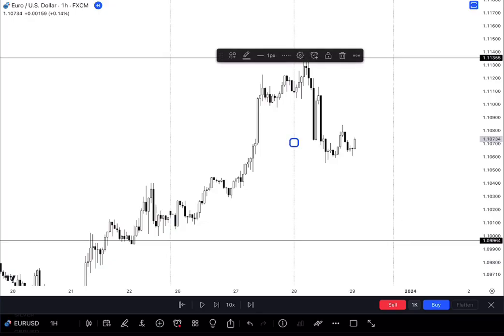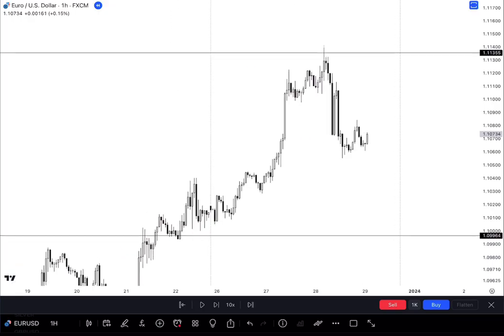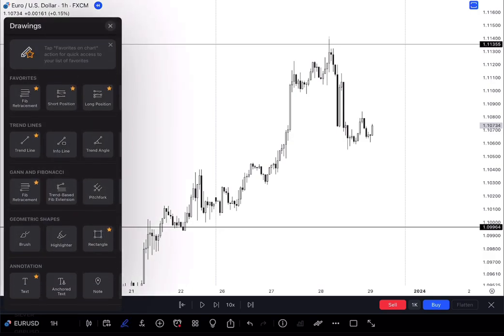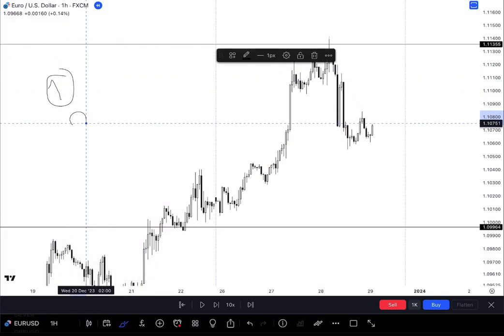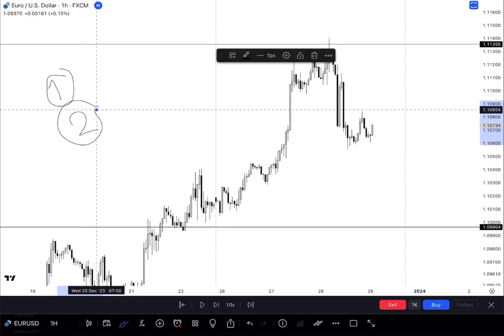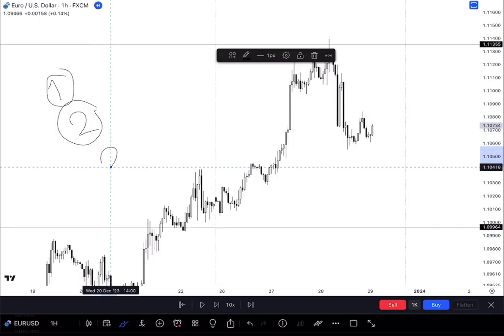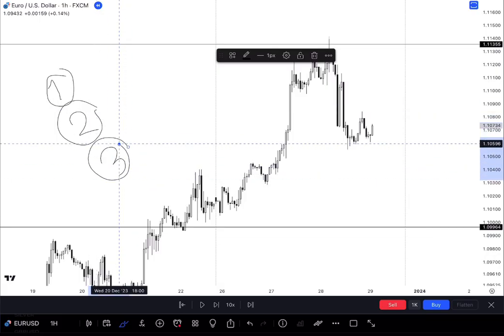So as you can see, when it comes to importance, I place importance first on the key level on the higher time frame, and then the time, which is day of week, time of day, and then finally, after all that is confirmed, I look for the order block, for example, or the market structure shift, whatever it is.